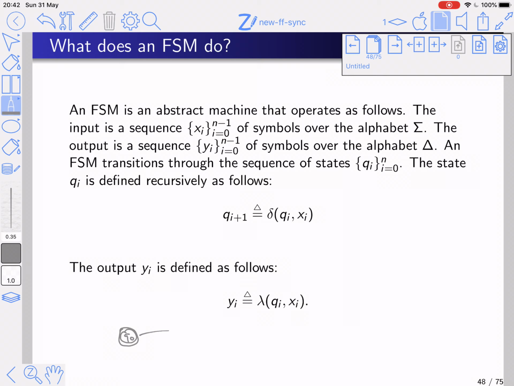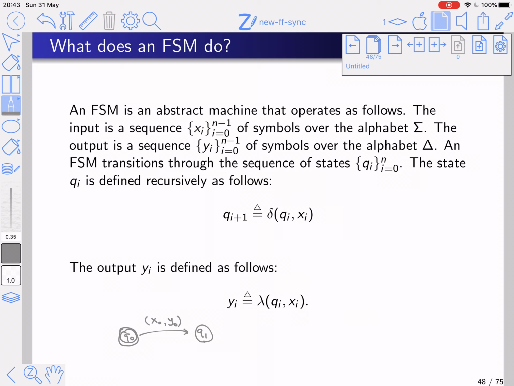Now I get some input, I denote it by x0, and that input causes a transition, because I'm in state Q0 with input x0, to a state called Q1. As I receive the input x0 and I'm in state Q0, I output y0. So I write here y0.